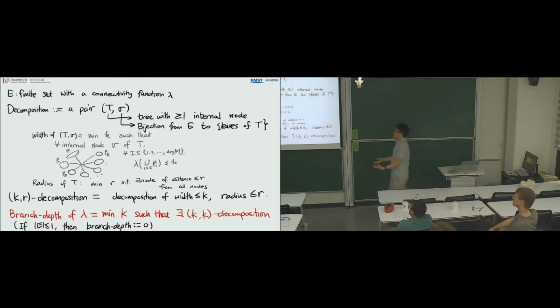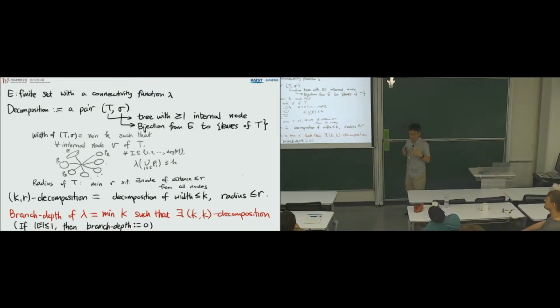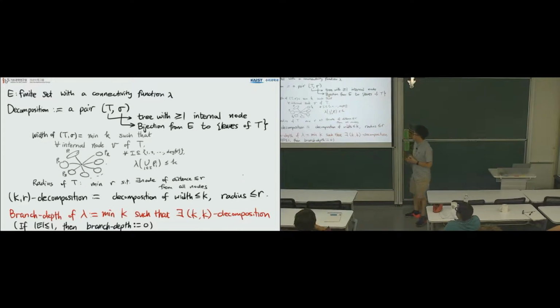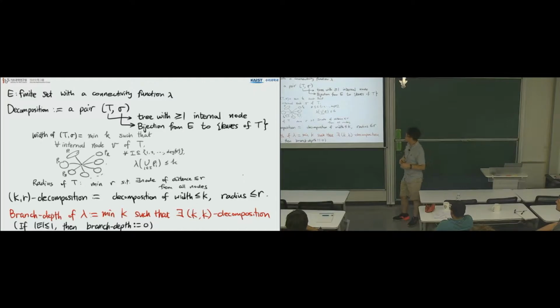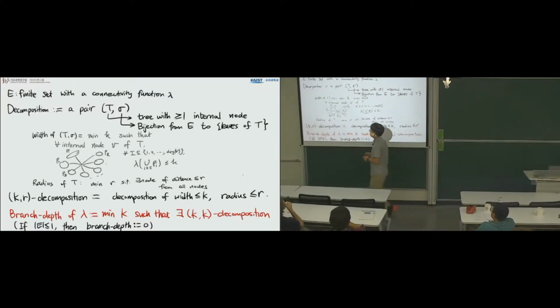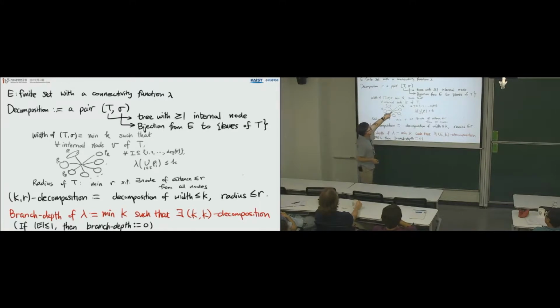Now this is a decomposition, but then we want to measure the quality. The width of the decomposition is the minimum k such that for every internal node, no matter how you partition these incident edges into two sets, the induced partition of the ground set E gives a small connectivity value. So this is for any subset of these edges.